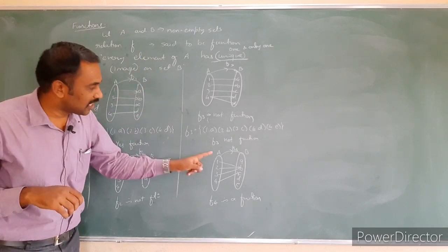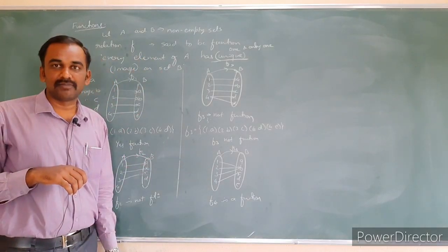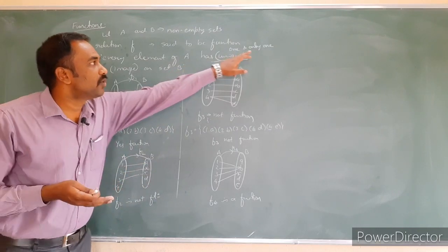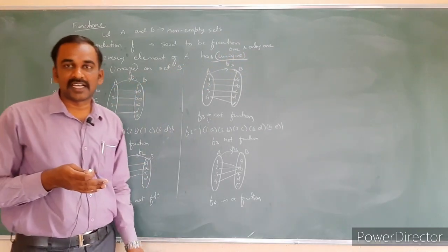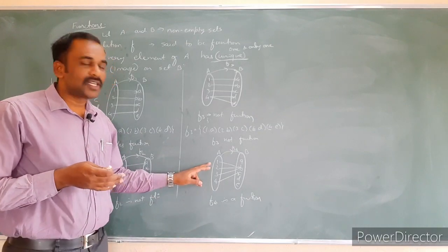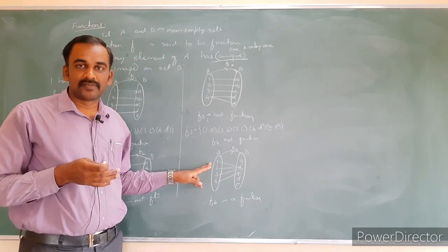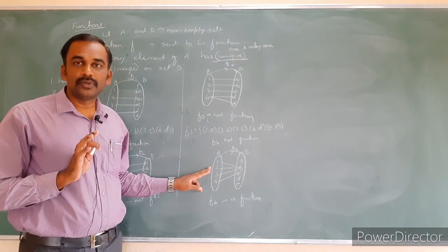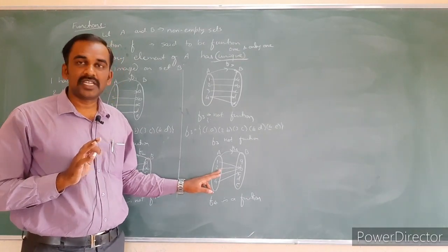Every element of the set A has one and only one image on the set B. What are the images of 1? Image of 1 is B. Image of 2 is B. Image of 3 is B.